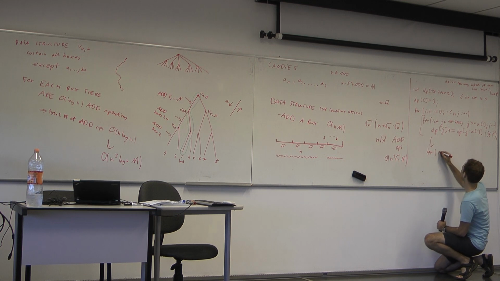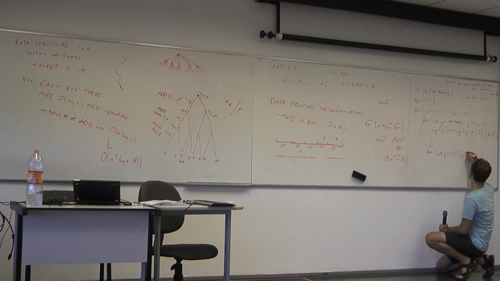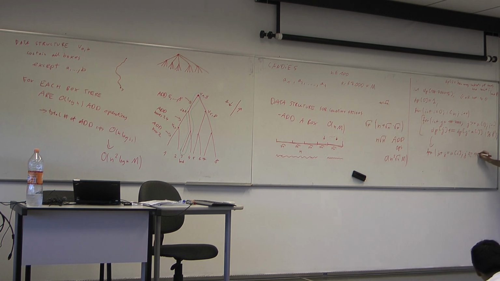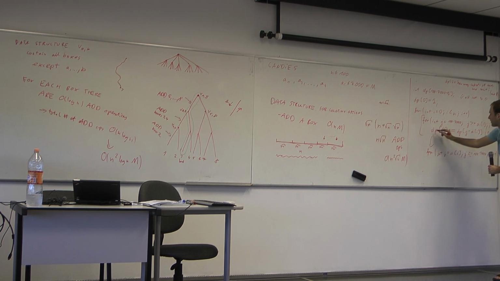It starts with j equal to ai, and then j has to go all the way to 100 times 7,000, and j is increasing. And at every step, we're reversing what happened here. So dp of j, we want to decrease it by dp of j minus ai.